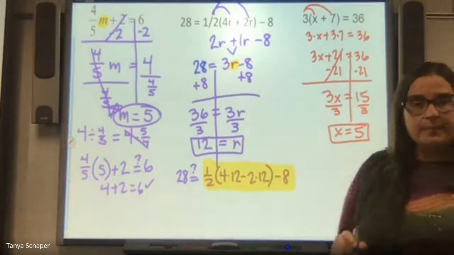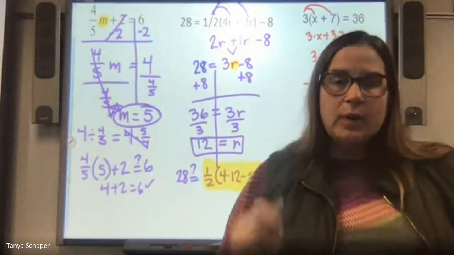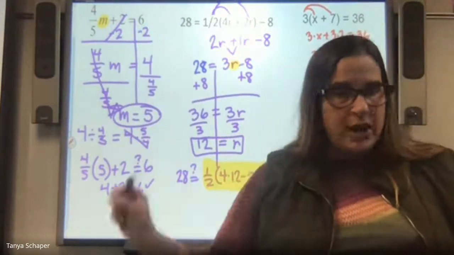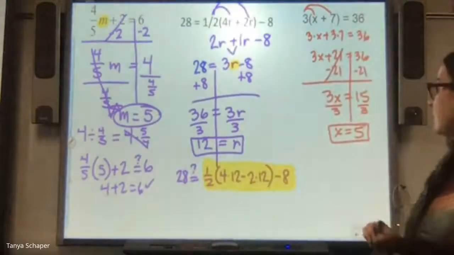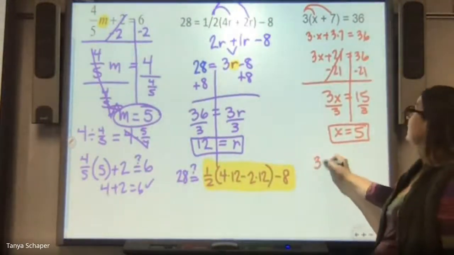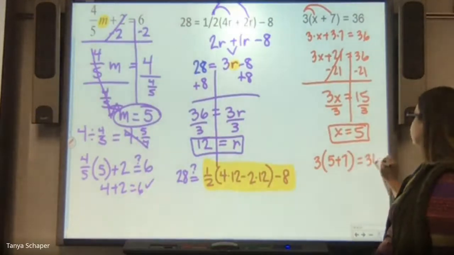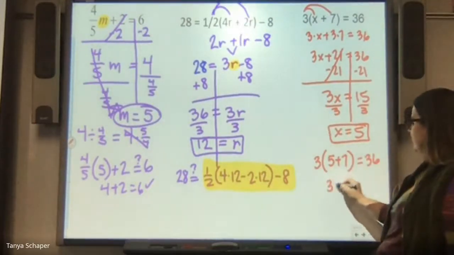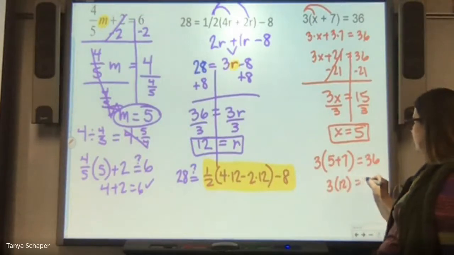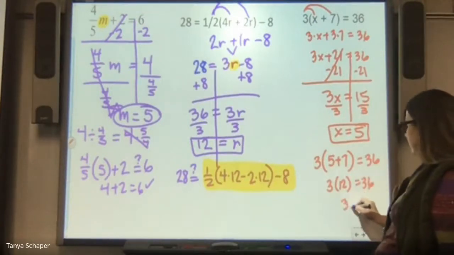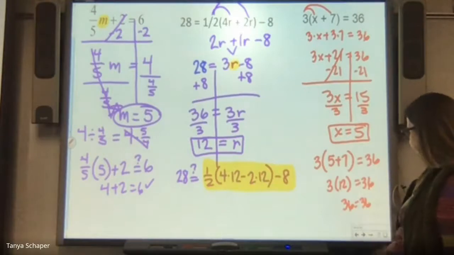And when I check it, you always want to check in the original problem. Always go straight to the top, and that's the one you want to check with. So 3 times the quantity 5 plus 7 equals 36. 3 times 12 is 36, and it checks out.